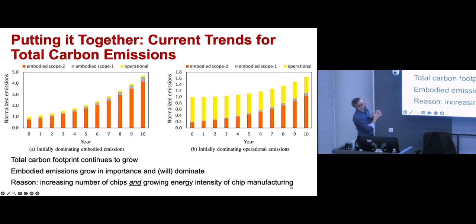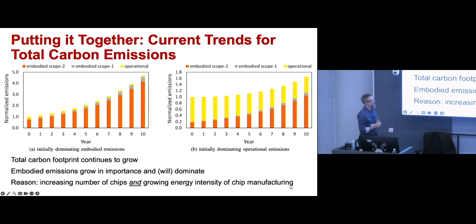But the important thing to note here is that, for one, total carbon footprint continues to increase in both scenarios because of the scaling factors that I just talked about. And second, the embodied emissions are growing rapidly, and they're also growing in importance and will dominate at some point in the future, if they are not already dominating today.